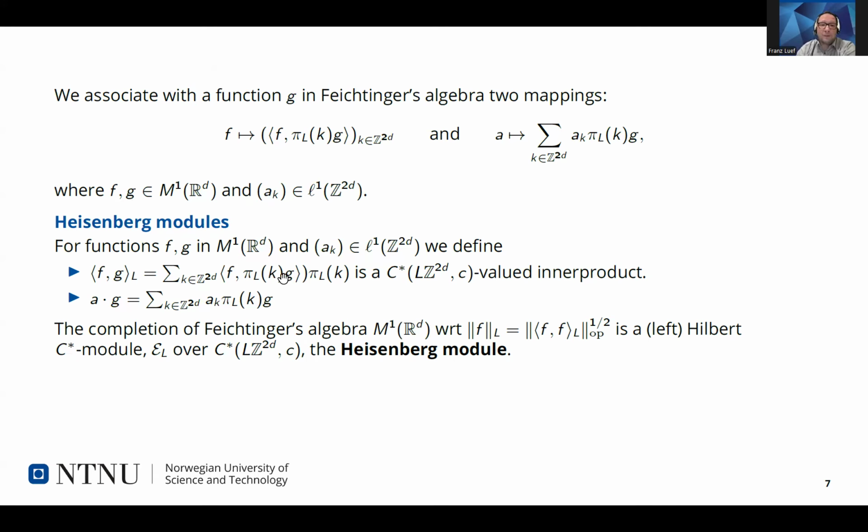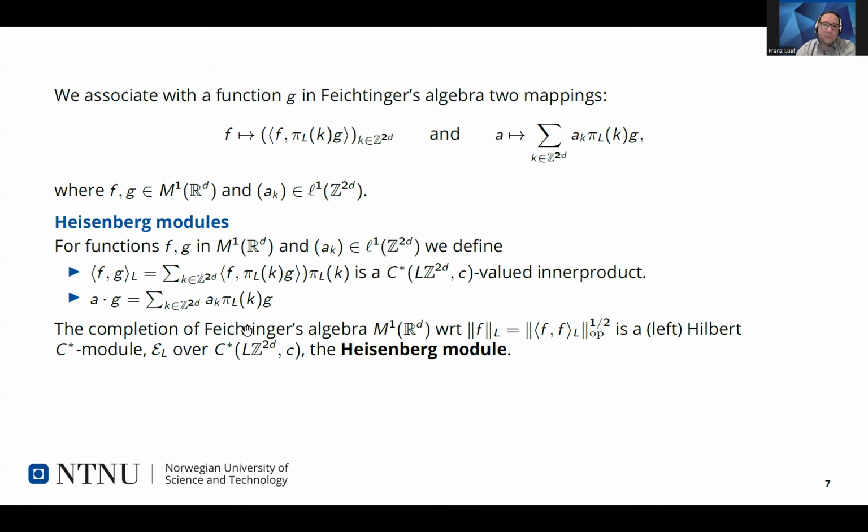So in other words, we can make sense of this inner product FGL, the C star valued, which is in turn the twisted group C star algebra L1, and those act by this operator A_k pi of L_k on G, which is again an M1 function.